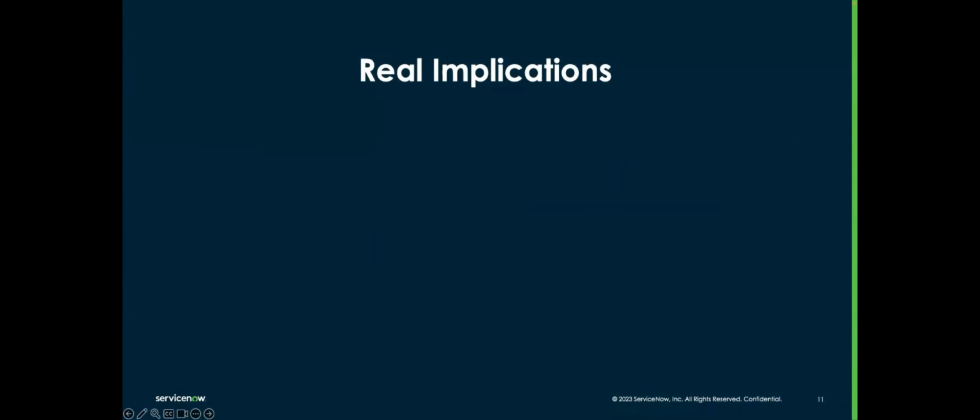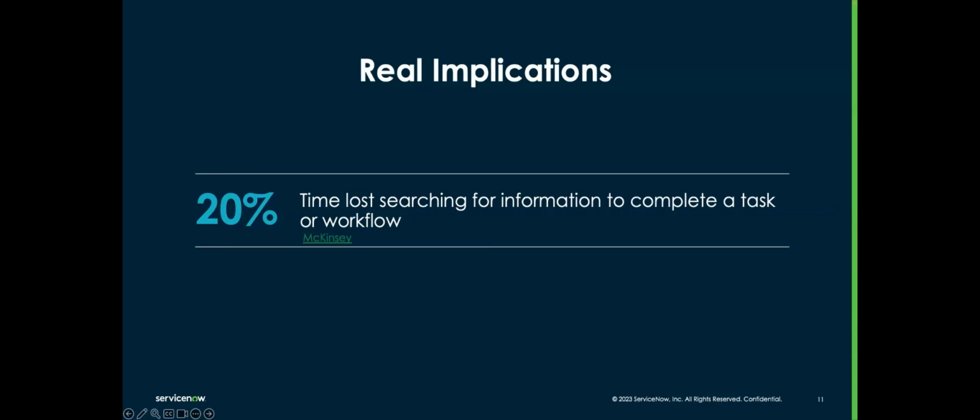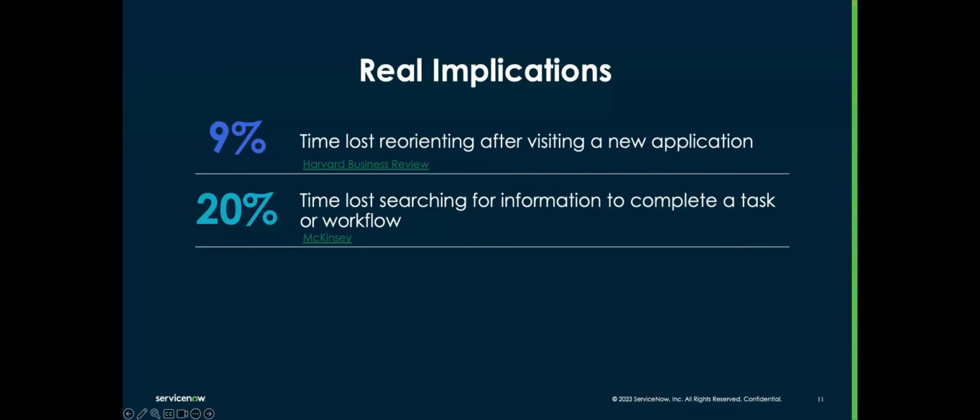And it's easier to understand why these challenges are so important to solve when you dig into the numbers. According to McKinsey, they estimate 20% of employee time is lost searching for information to complete tasks and workflows, right? That's a pretty big number. Harvard Business Review reports that 9% of time is lost trying to reorient to a task after visiting a new application.